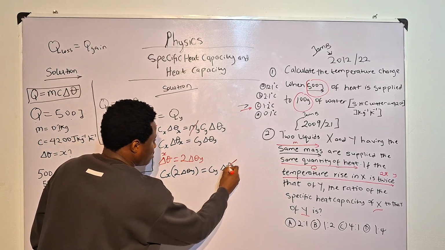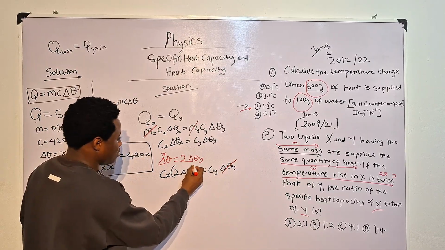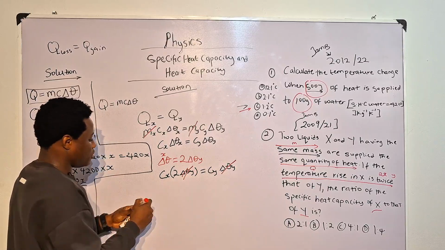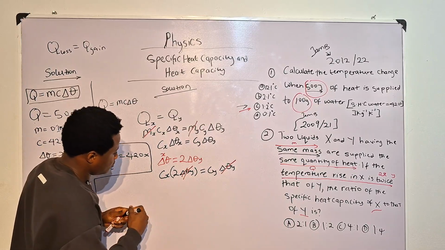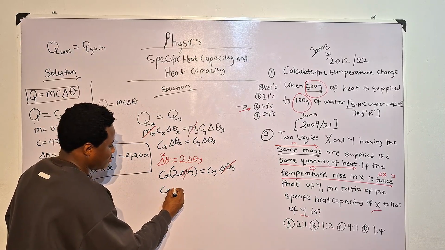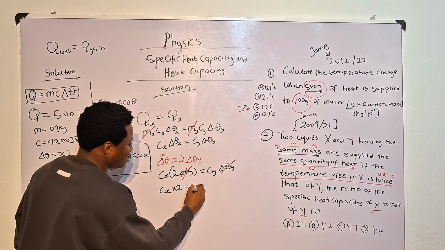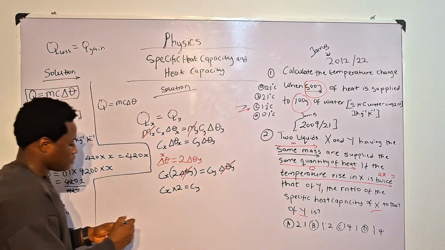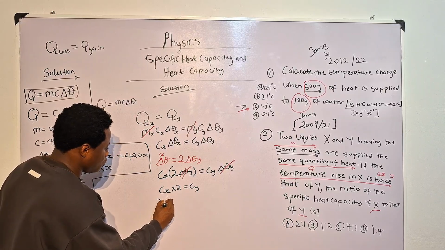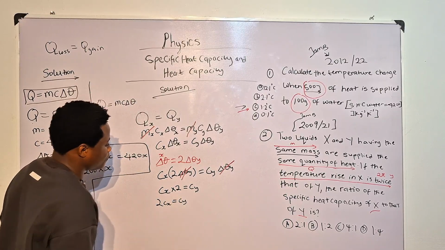We'll cancel out change in temperature of Y because we have it on both sides. So we'll be left with specific heat capacity of X times 2 is equal to specific heat capacity of Y. So we say 2Cx is equal to Cy.